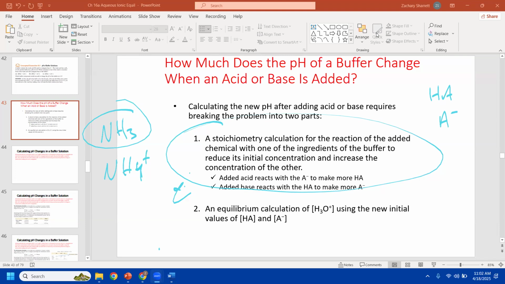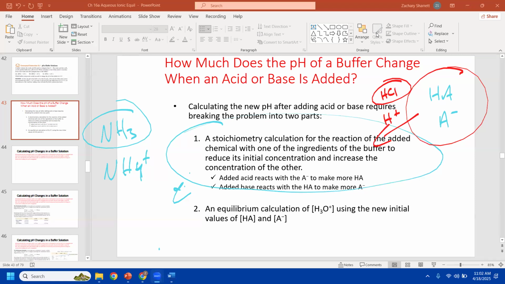Theoretically, think about what happens. So this is definitely a buffered system, right? If we add HCl, H plus, we can think of the Cl minus as an ion that just dissolves and doesn't react. What reacts with the added H plus to minimize the pH changes?